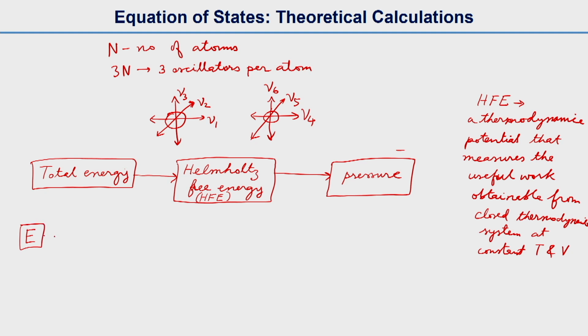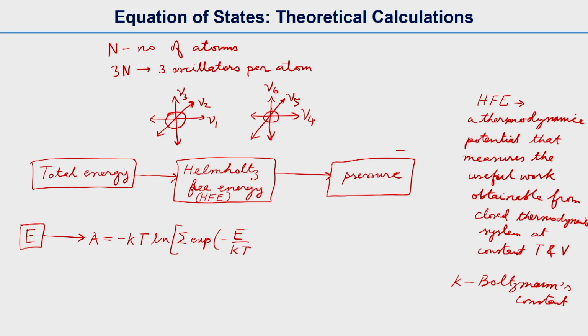So from total energy E, what we got is the Helmholtz free energy A, and A will be equal to minus kT, where k is the Boltzmann constant, minus kT natural logarithm of the summation of exponential minus E over kT, where E is the total energy we found.